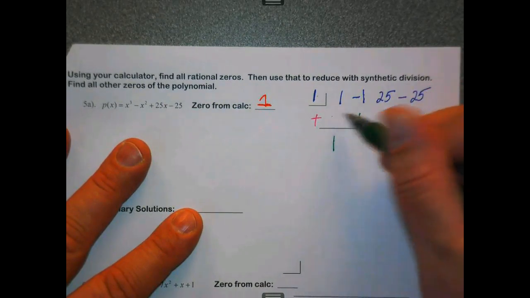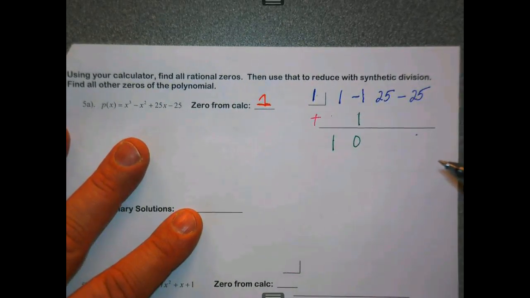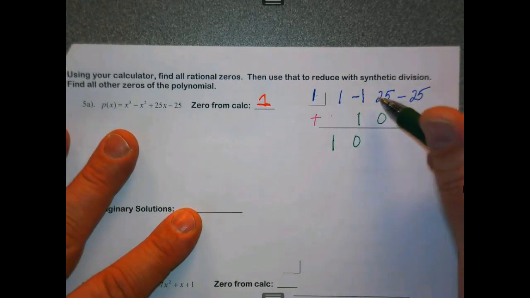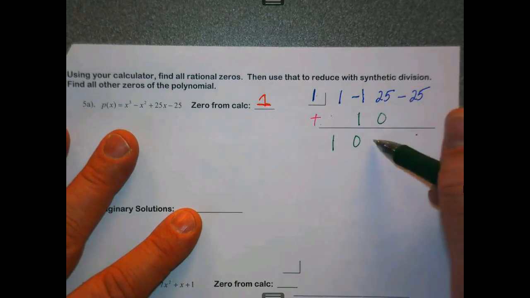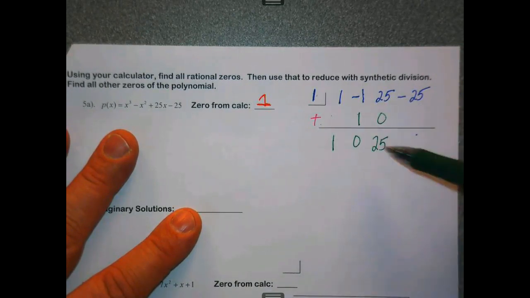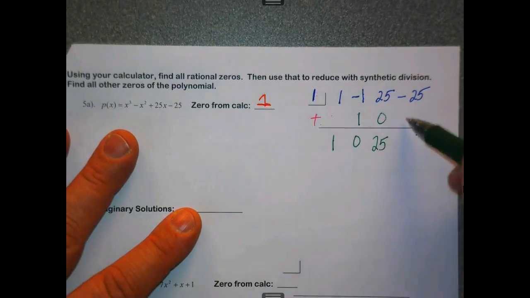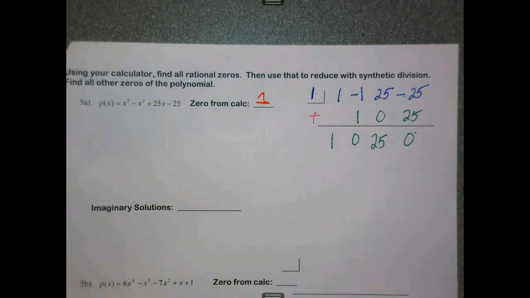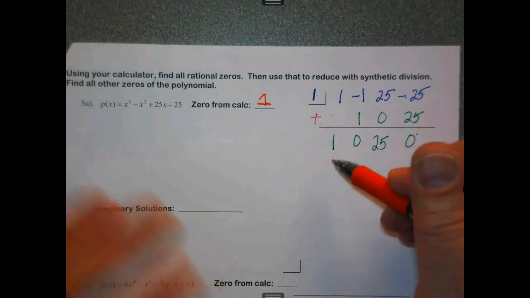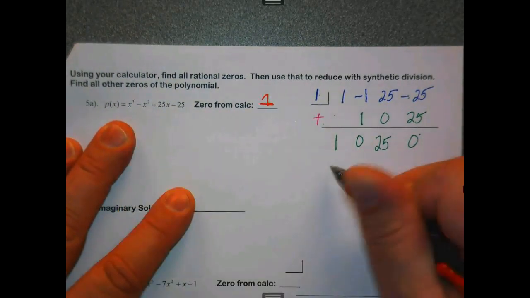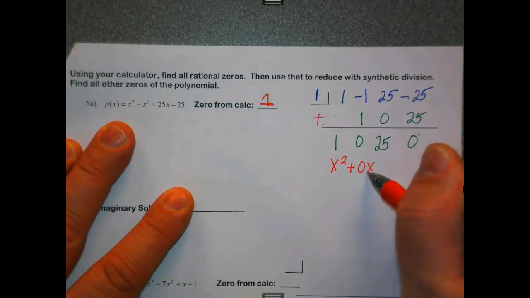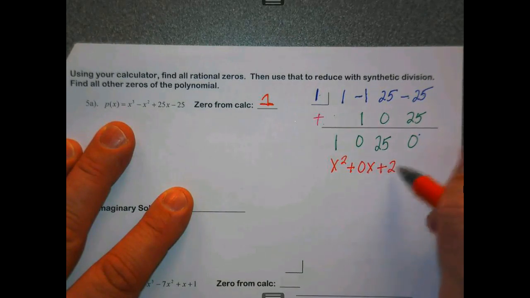Negative 1 plus 1, 0. 0 times 1, 0. 25 plus 0, 25. 25 times 1, 25. Negative 25 plus 25, 0. So I'm dropping down to an x squared: 1x squared, plus 0x to the first, plus 25.